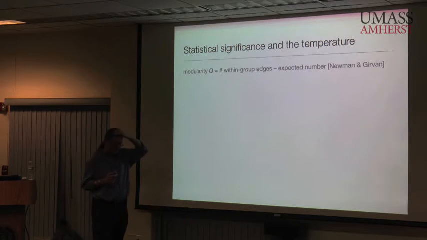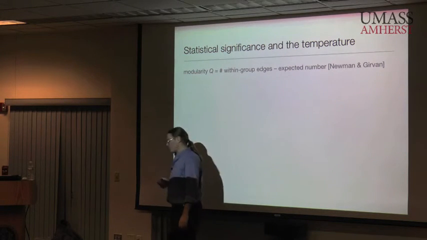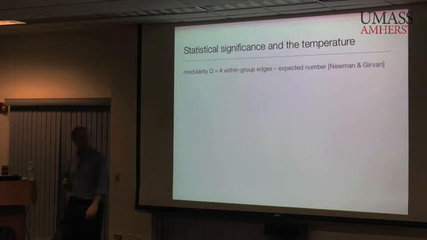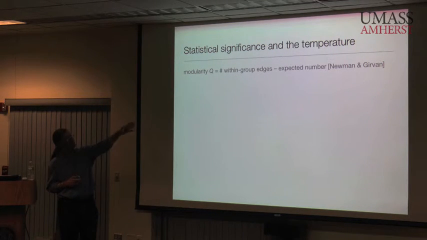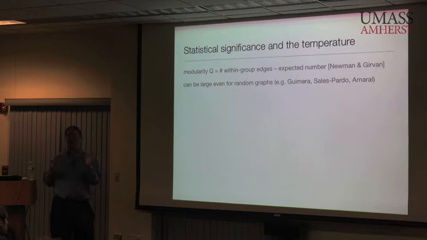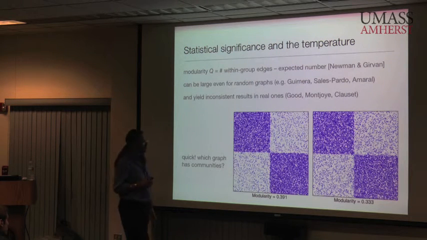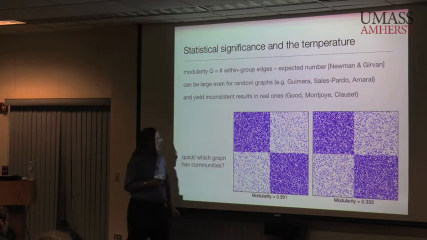There's a quantity that a lot of people in network science like, called the modularity. It's just the number of edges within groups minus the number we would expect if the network were randomly rewired. The problem is that even random graphs can have a high modularity. So here are 2 graphs.